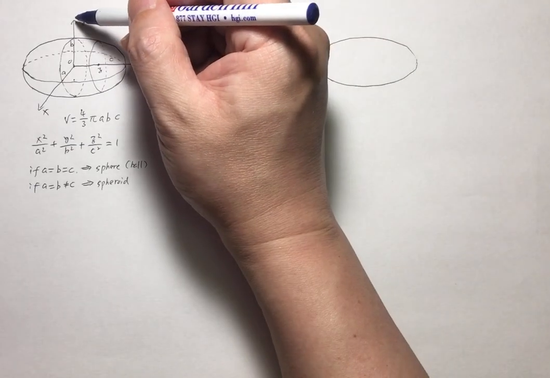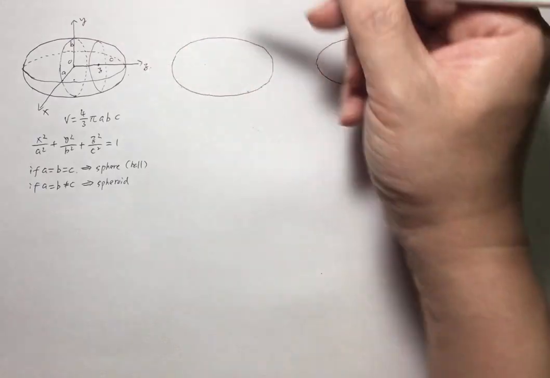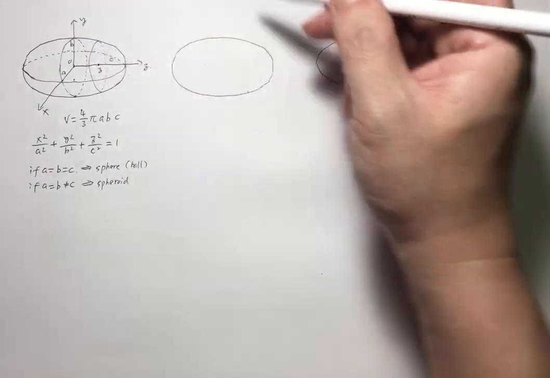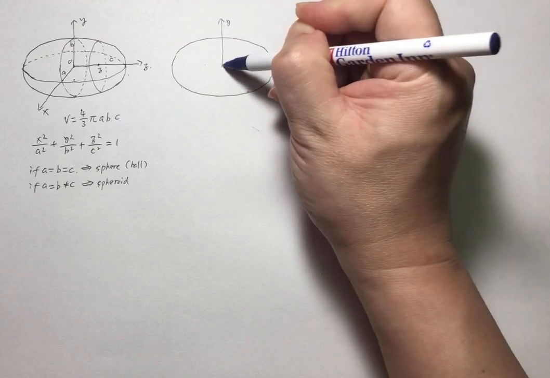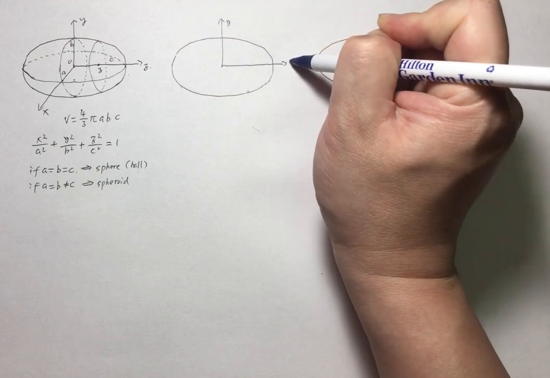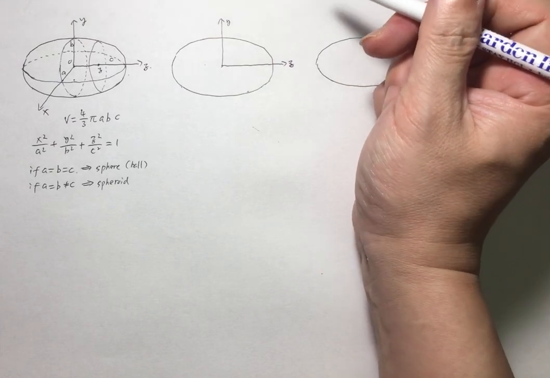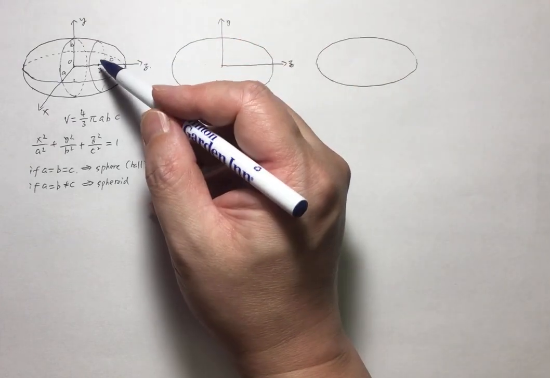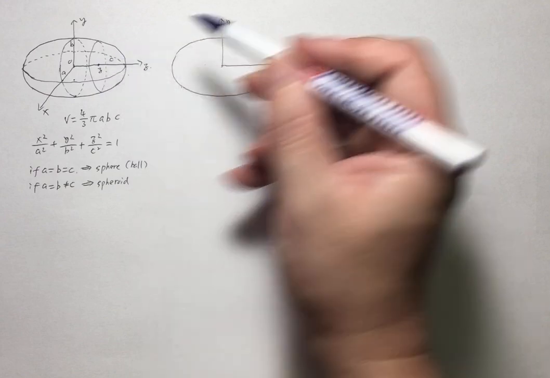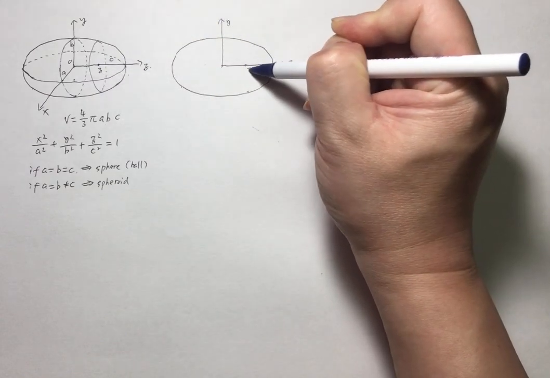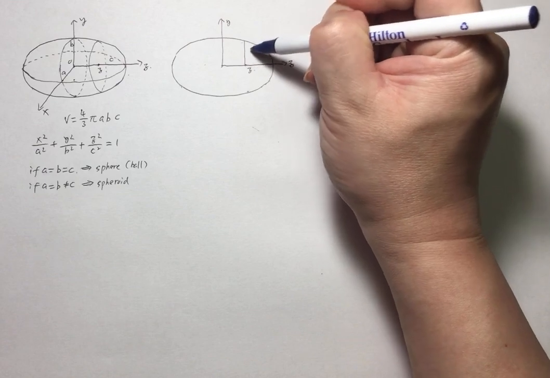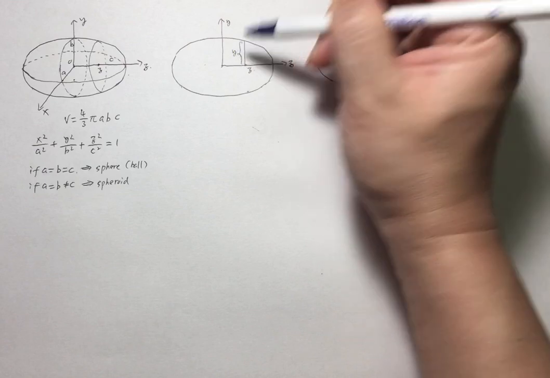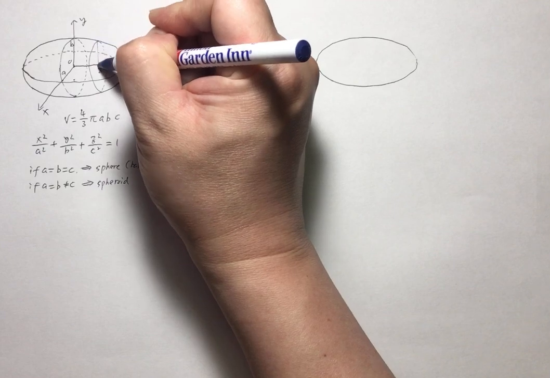So we replot the two-dimensional YZ plane here. So this is Y, Z. Then this thin slice is located at z here. We need to calculate the length of this line, which is y.